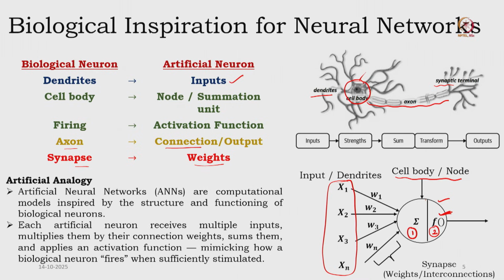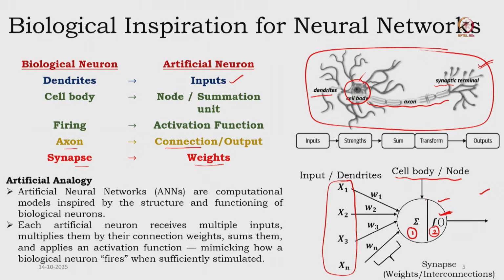Therefore, it is a computational model which is basically inspired by the structure of biological neurons. However we see the functioning of the biological neuron, the same thing is being mimicked in an artificial neuron also.